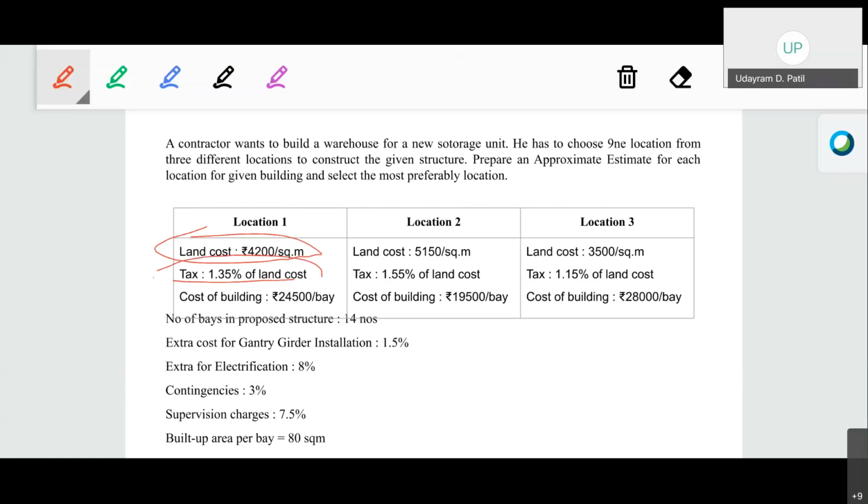So if the site where we are going to construct the building is in a commercial area or the non-agricultural area, the NA, whether it is NA approved or not, depending upon all other factors, the taxation will be different for the different location. Okay, so again, the land cost is different for each location, as well as the taxation.